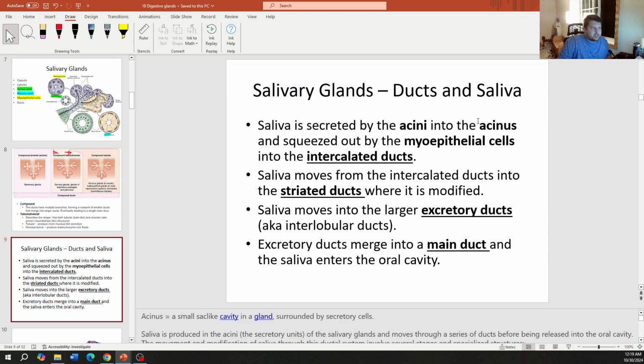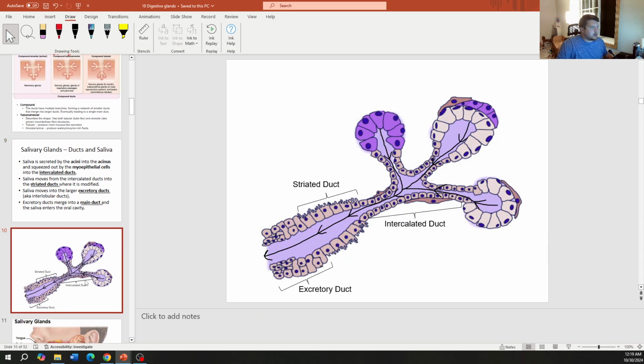So it gets squeezed out of the acinus by those myoepithelial cells, and then it enters the intercalated ducts. So produced in the acini cells, goes into the acinus. The myoepithelial cells squeeze and push it into the intercalated ducts.